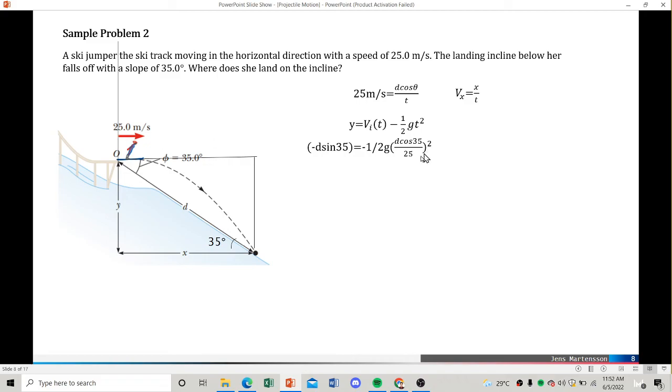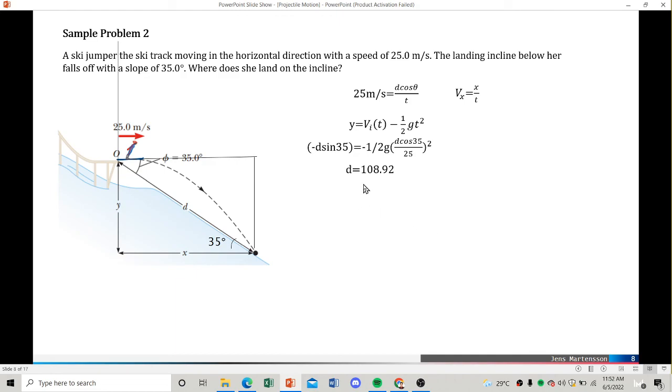So the formula becomes negative d sine 35 equals negative 1 half g t squared, where t equals d cosine theta over 25. Now the variable is in terms of d.